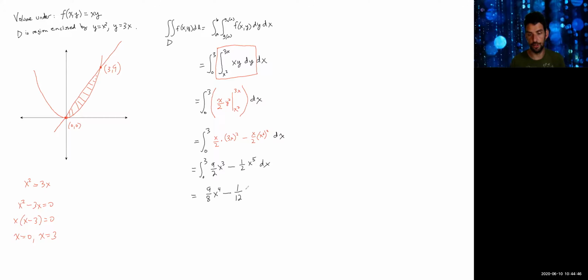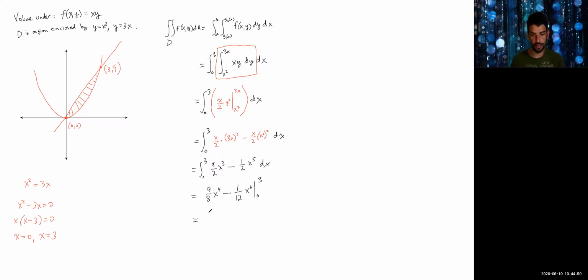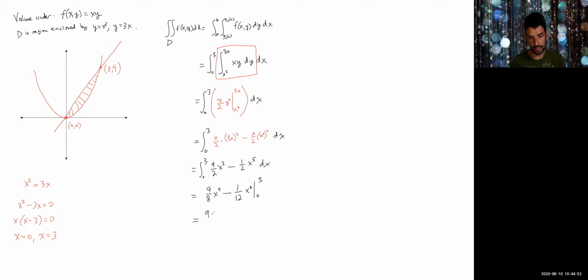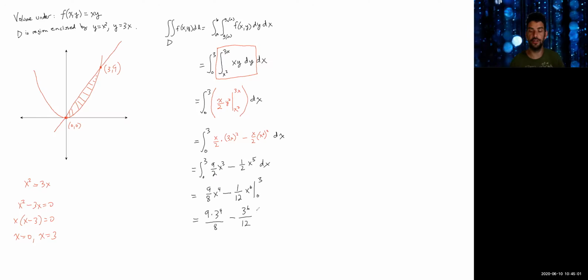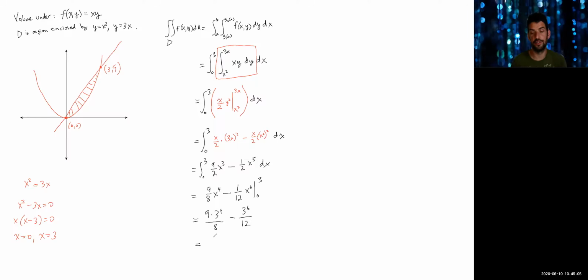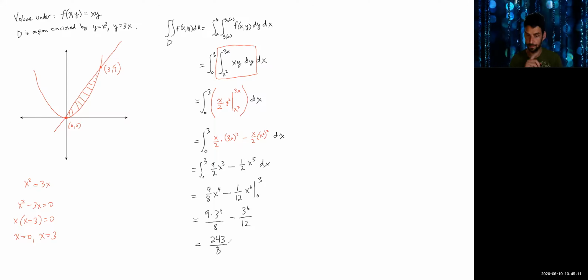So this looks like 1/12 x to the 6th evaluated from 0 to 3. So we get 9 times 3 to the 4th over 8 minus 3 to the 6th over 12. And then everything else is zeros, and you can work out these fractions, it looks like 243 eighths.